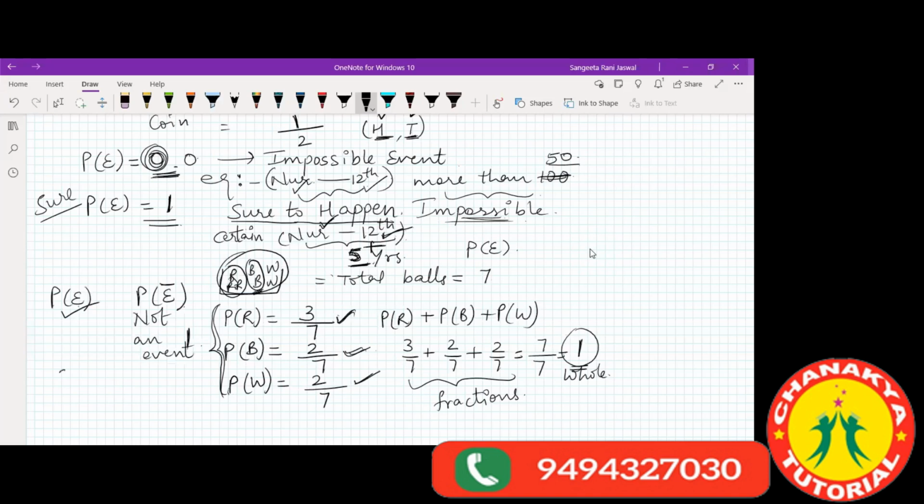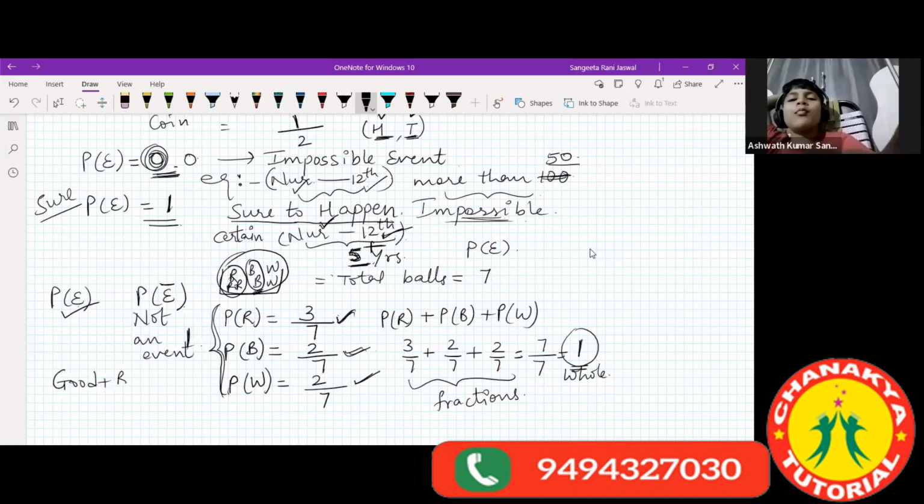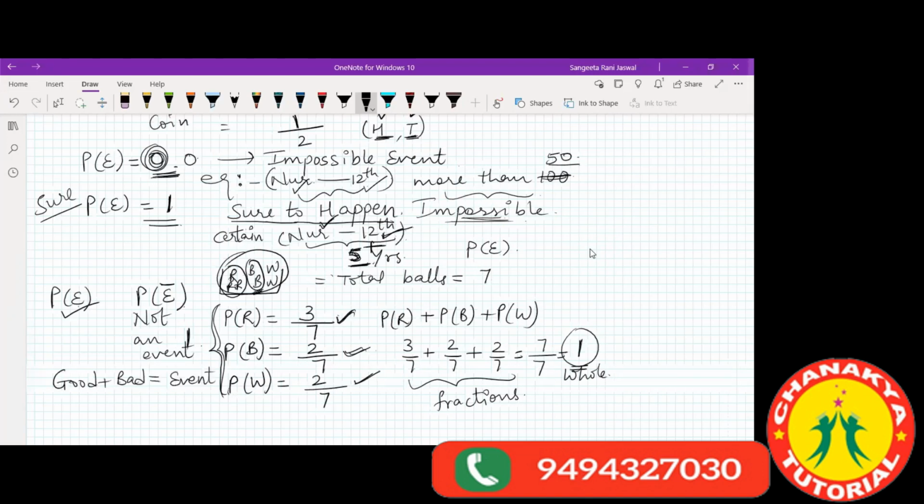See, good plus bad. Good plus bad makes an event. Everything has something good in it, and everything has something bad in it. So good plus bad is one complete event, right?